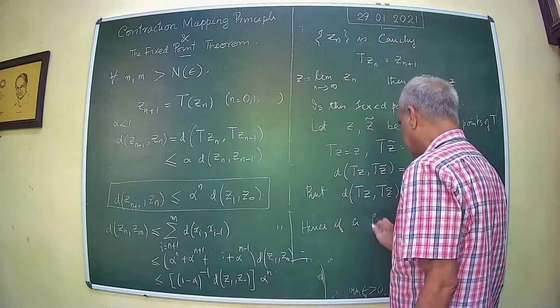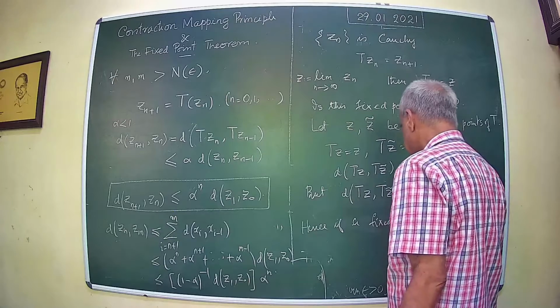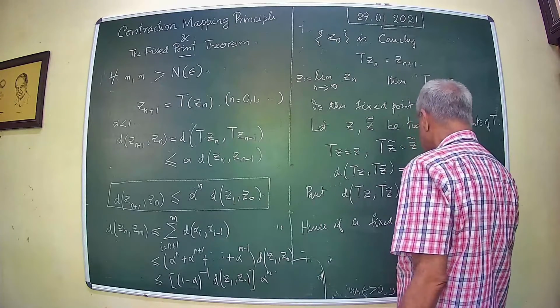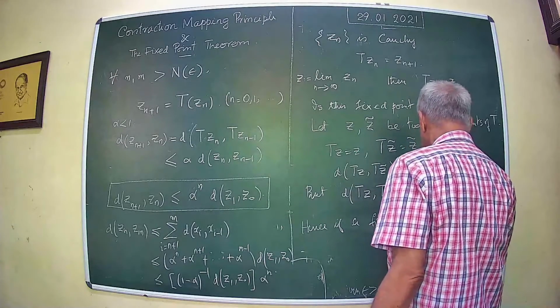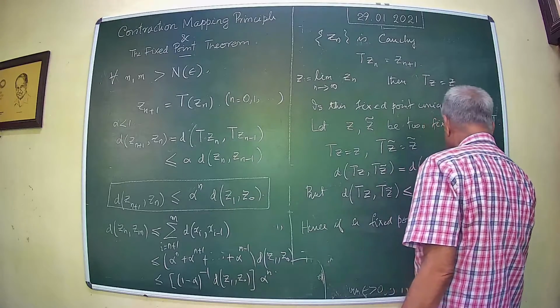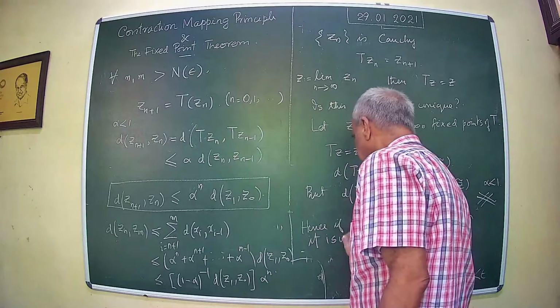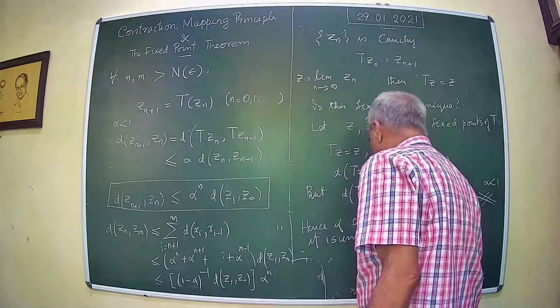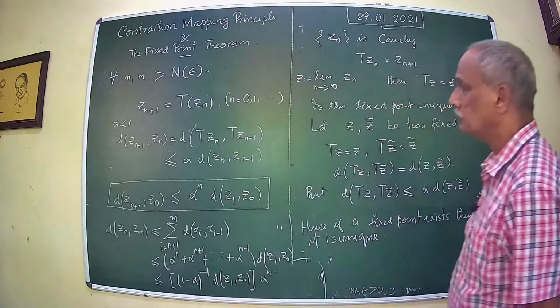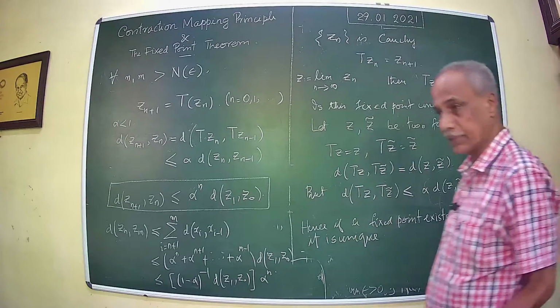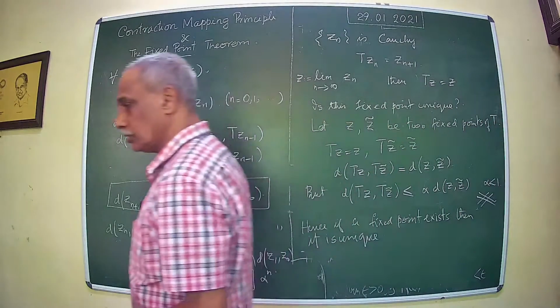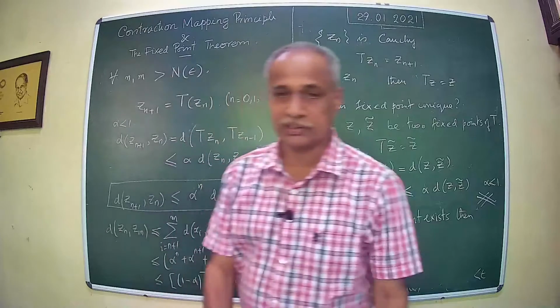If a fixed point exists, then it is unique, provided T is a contraction. Okay, so this is the contraction mapping theorem.